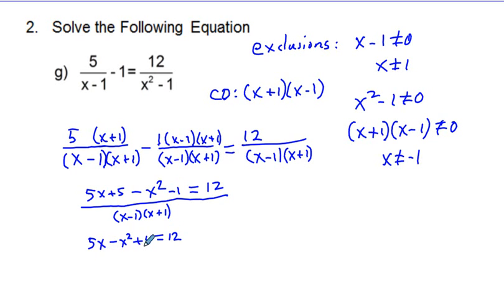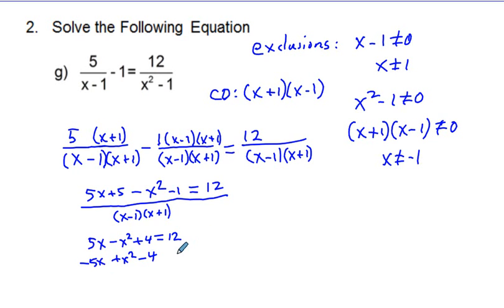And then what I recommend doing is, we have this negative x squared, so I recommend taking everything over to the right side of the equation, and we'll do that by adding x squared, subtracting 4, and subtracting 5x.